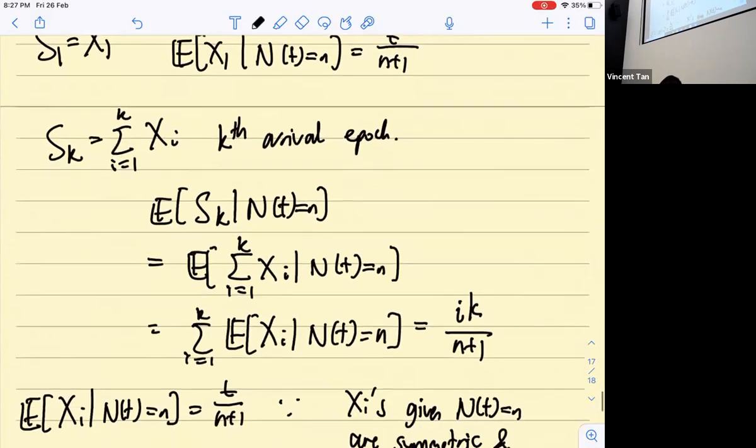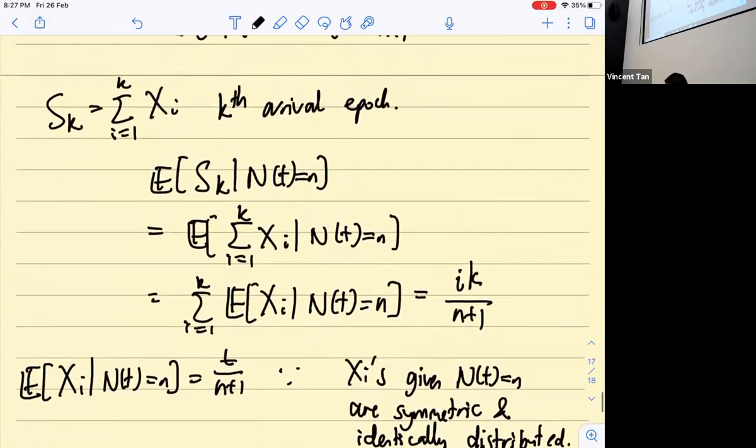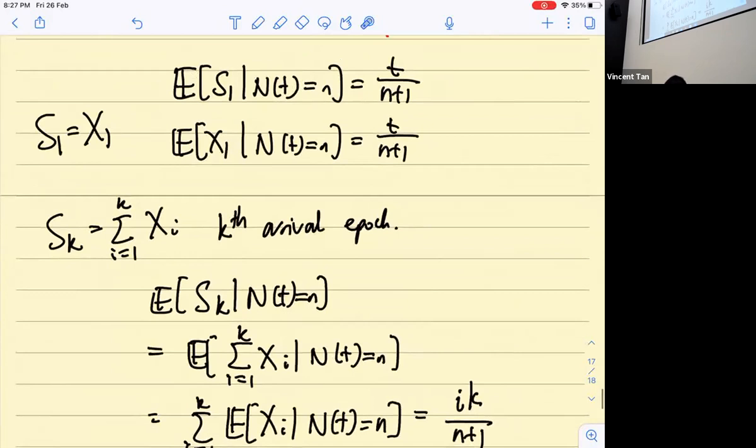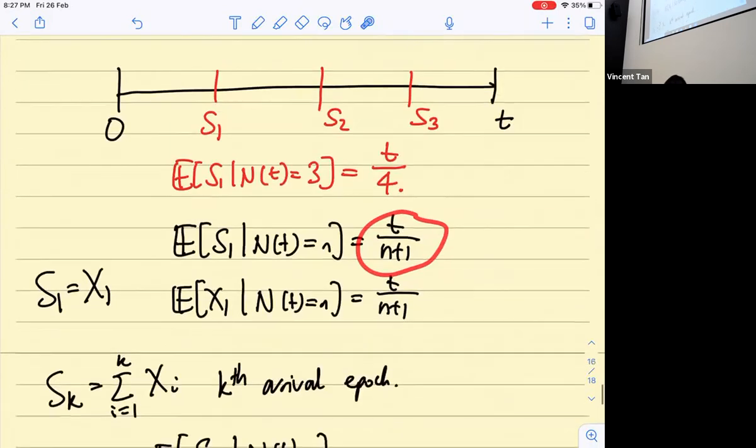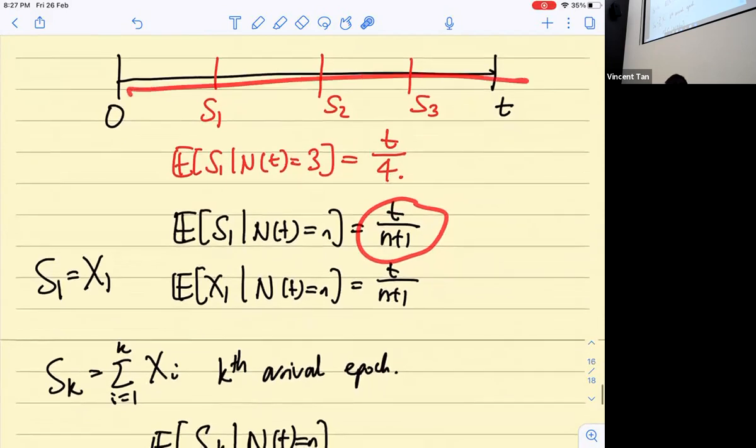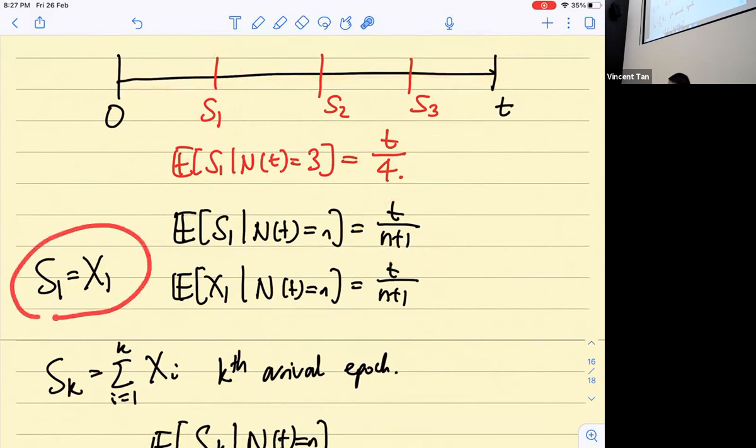So it means that, all right, let me go through this a little bit slowly, okay? So we have proved that expected value of X1, given that we have N arrivals in the interval 0 to t, is T over N plus 1, and it's illustrated in this picture here. This point here is T over 4. S1 is the same as X1, so this takes on the same expectation. Now, condition on the fact that NT is equal to N. All the x's have the same distribution. They are symmetric. Why?